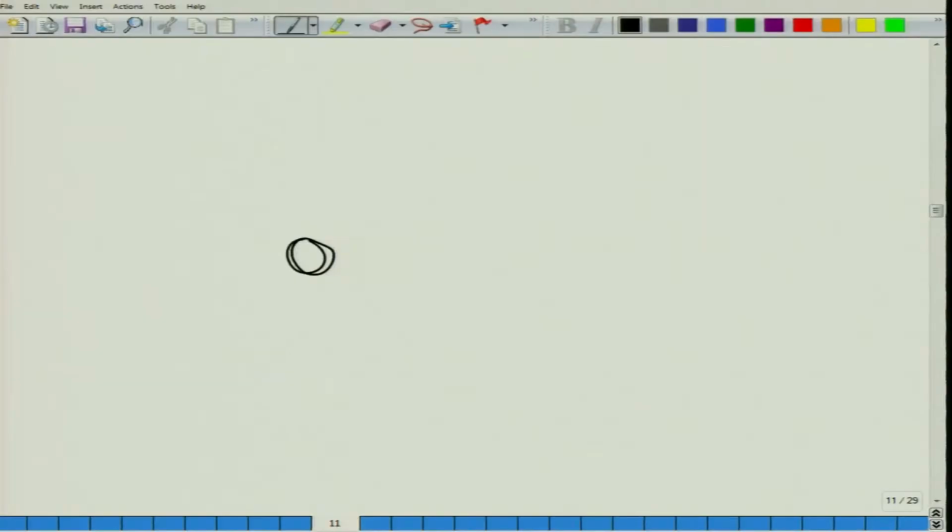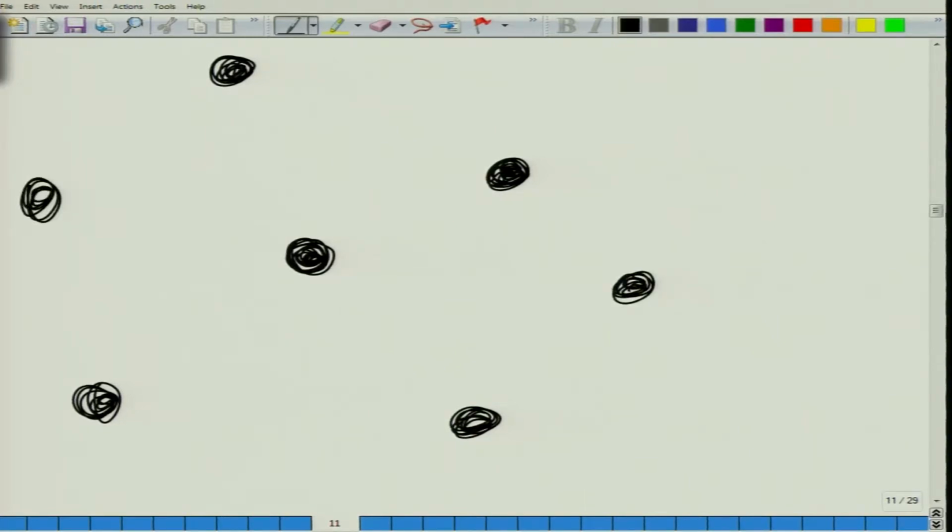So, how does it look in a picture? Suppose this was one tree, and this is another tree. So, these are the nearest two trees. Any other tree is at a greater distance from our sample tree. So, this is the closest distance, which we have referred to as Li.